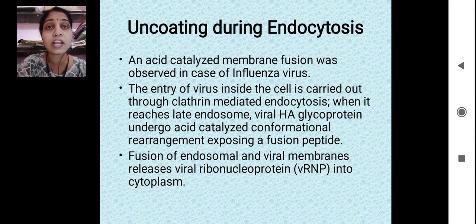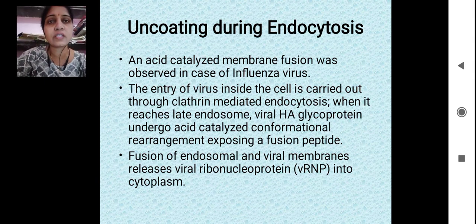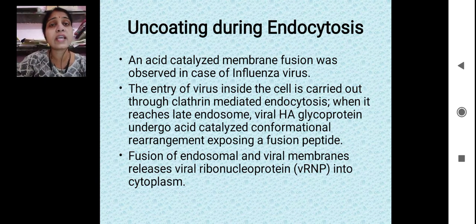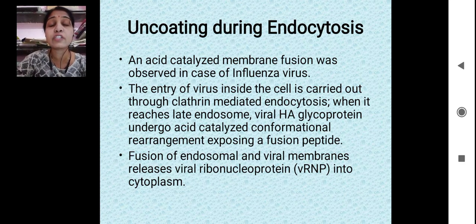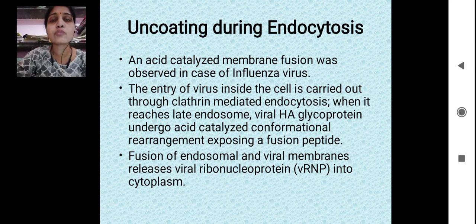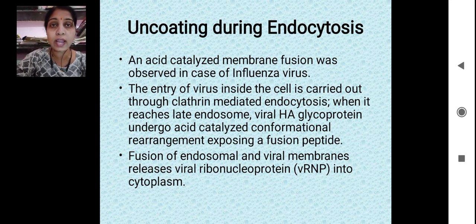Whenever there is entry through endocytosis, the virus is firstly transferred to the early endosome, then to the late endosome, and this late endosome has an acidic pH. This acidity within the endosomal membrane is responsible for catalyzing or enhancing the process of uncoating.